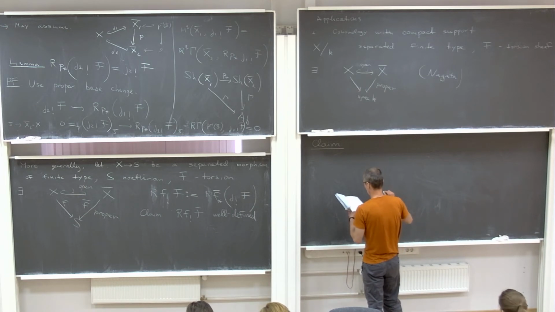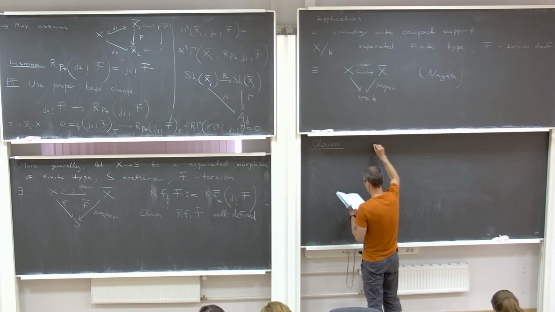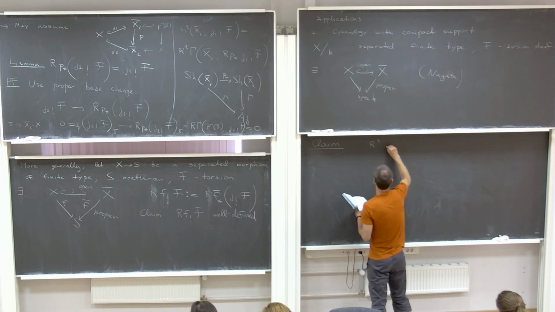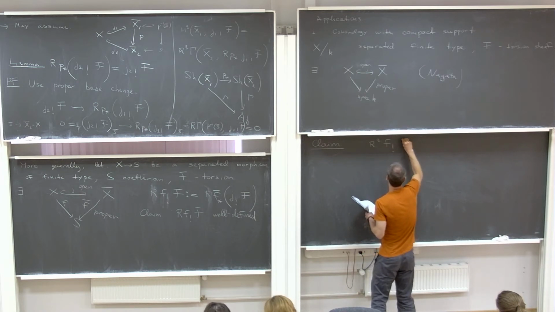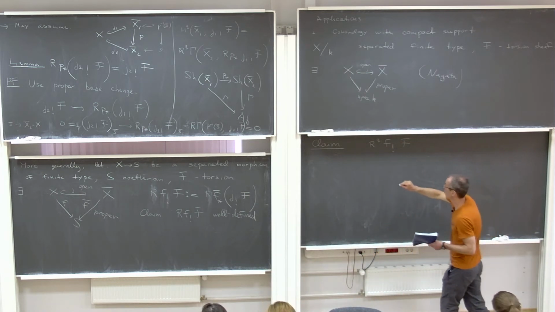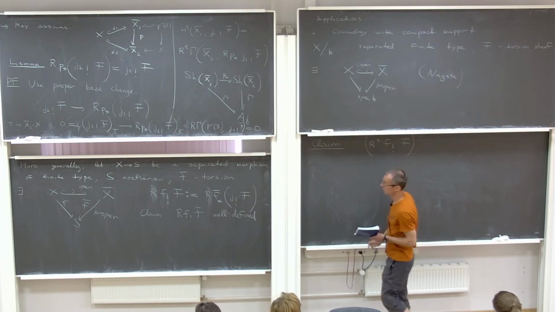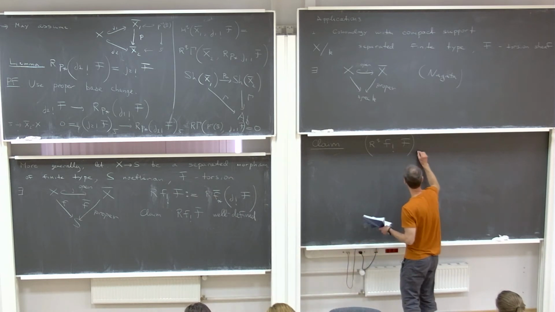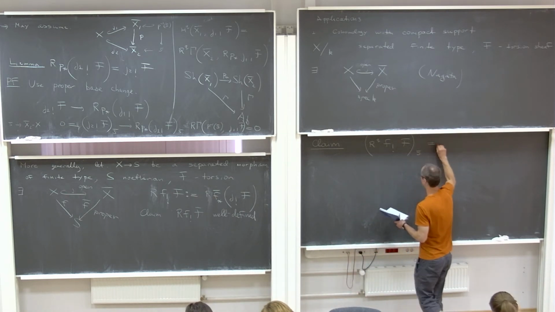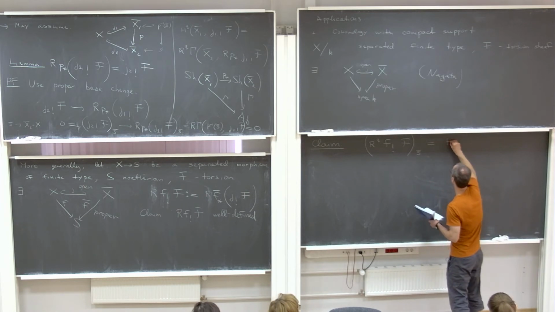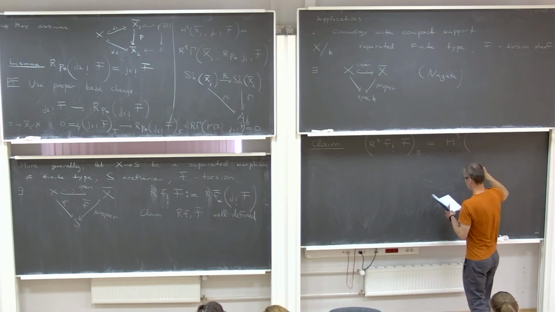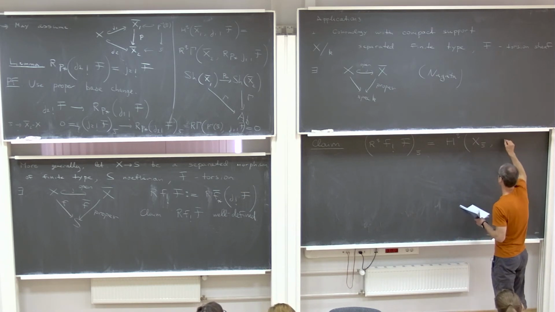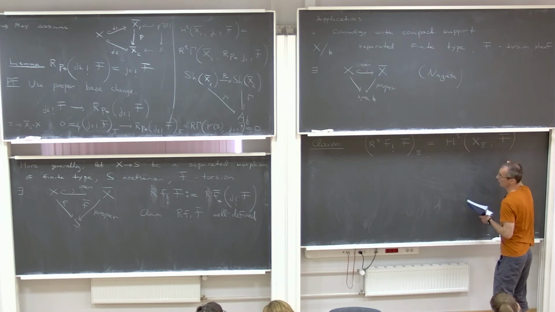For any torsion sheaf, if you compute the stalk of this derived direct image with compact support at any point, then this is the same as cohomology with compact support of X_s with coefficients in F. So why is that?